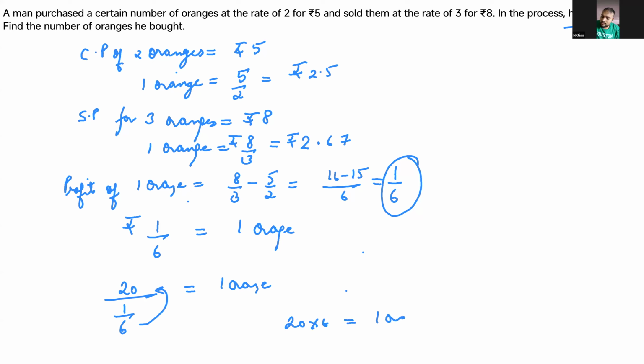It means 120 oranges. So when he buys 120 oranges, then he will get a profit of 20 rupees. Okay, understood, guys?